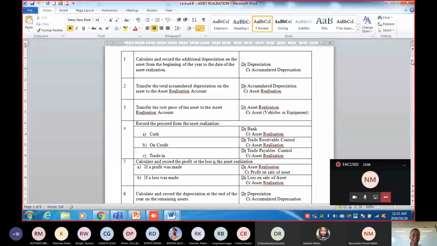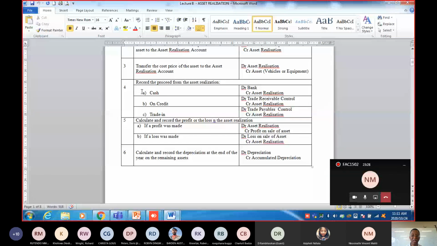So you can sell your asset for cash, and if you sell your asset for cash, debit the bank account and credit asset realization. If you, however, sell the asset on credit, somebody owing you the money, you sold the vehicle on credit to somebody, and that is then trade receivables.